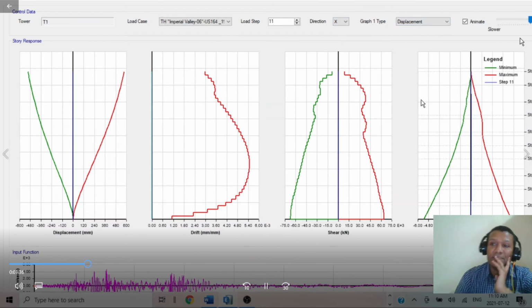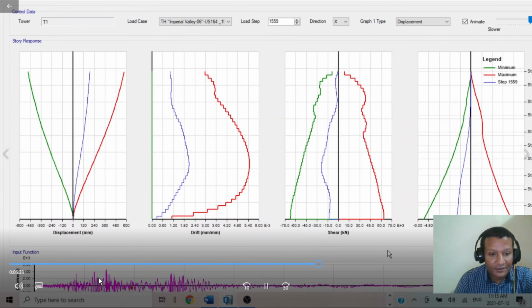We can make it maximum, and once we start, as per this, the response, let me take it a little bit fast. As you can see, when the ground acceleration is varying, then the response of the 44 story structure is also changing.